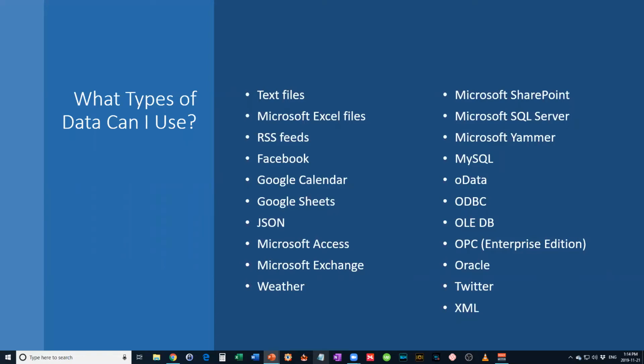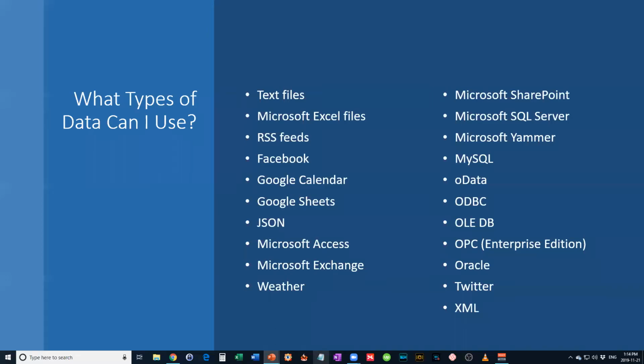You can add weather to your screens. Microsoft SharePoint, SQL Server and Yammer, MySQL, OData, ODBC, OLEDB, OPC, and etc. Oracle, even Twitter and XML. So almost every common data format out there is supported by DataPoint.